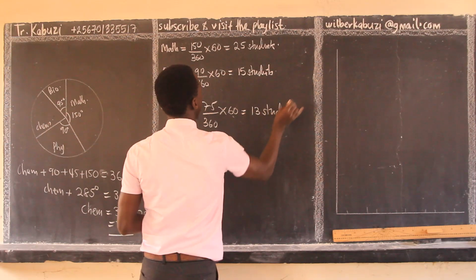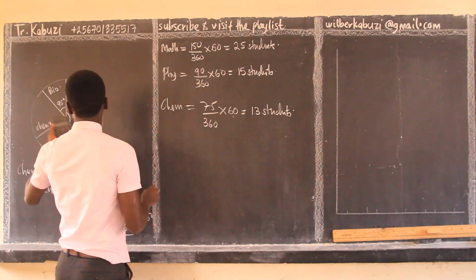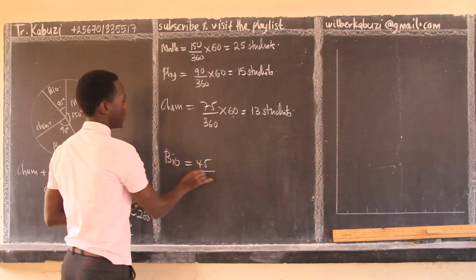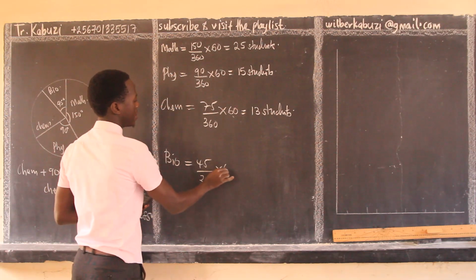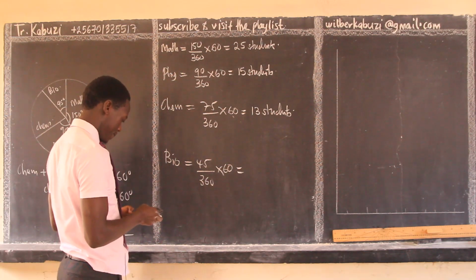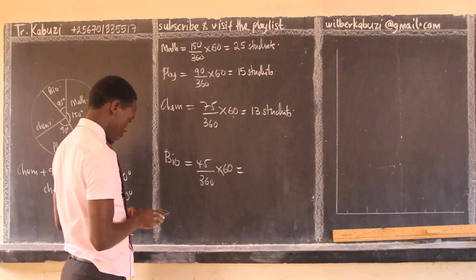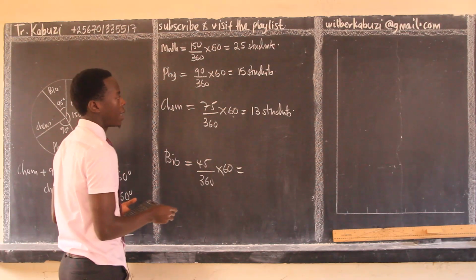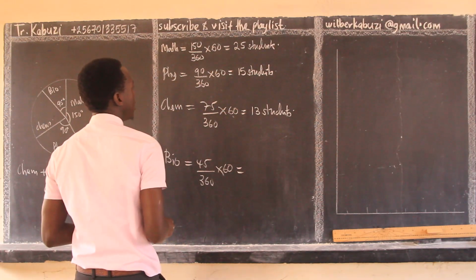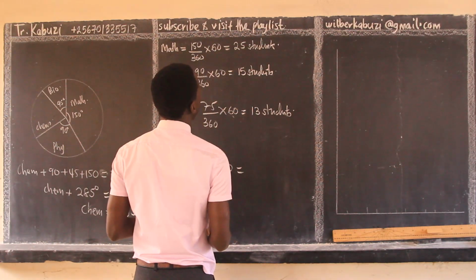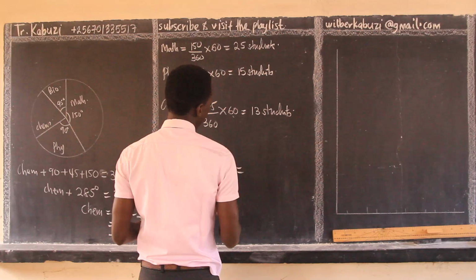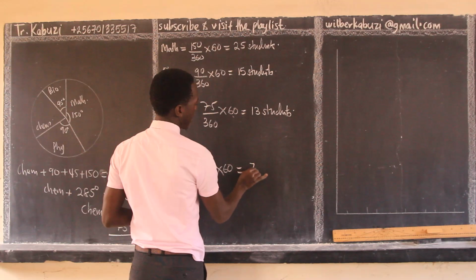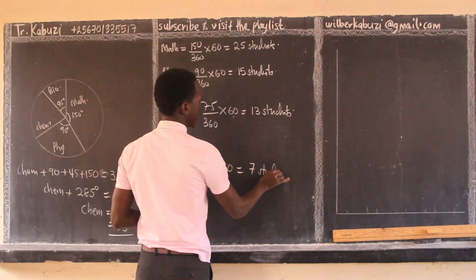Then when I come to biology, we have 45 over 360 times 60, which would be 7 students.